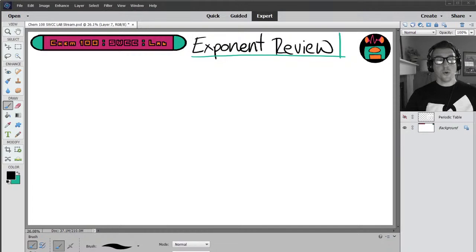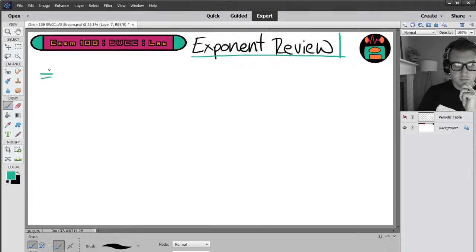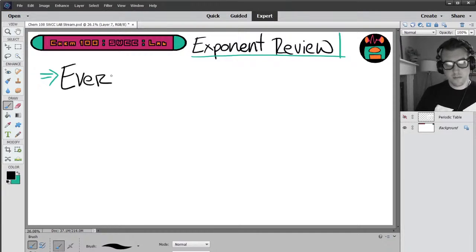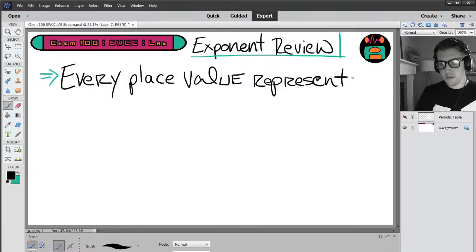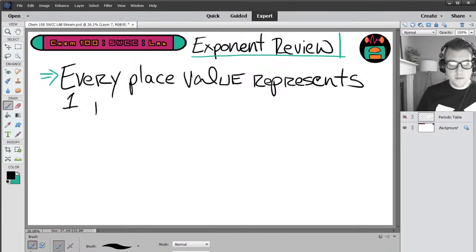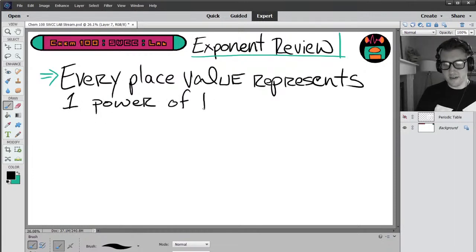Okay, so here's how exponents of 10 work. Every place value in a number represents one power of 10.